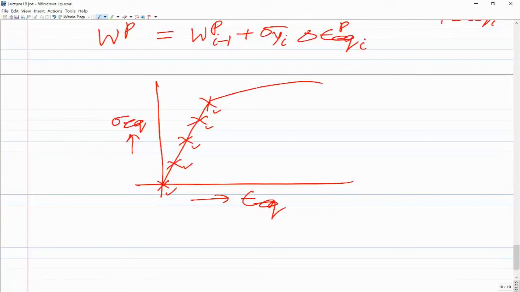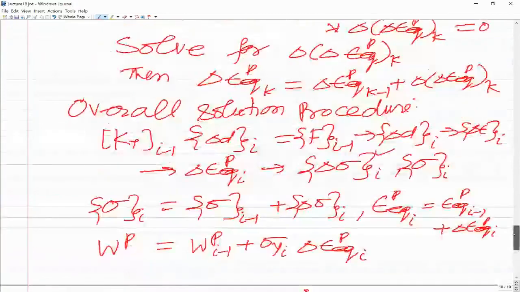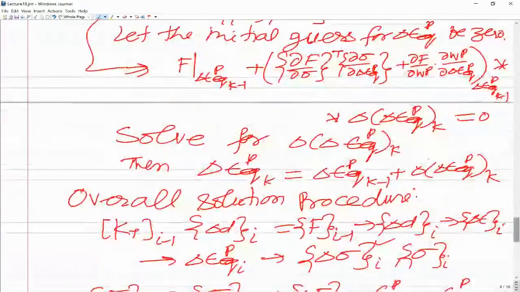Once you go to the elastoplastic region, the iterations start. All those iterations I have talked about, you have to solve. So this is the overall solution procedure. You have a number of steps, and in each step there are iterations, and actually there are global iterations. One is to get the converged delta d, so that is a global iteration, and there is a local iteration to calculate this delta epsilon equivalent, as you see from this equation.